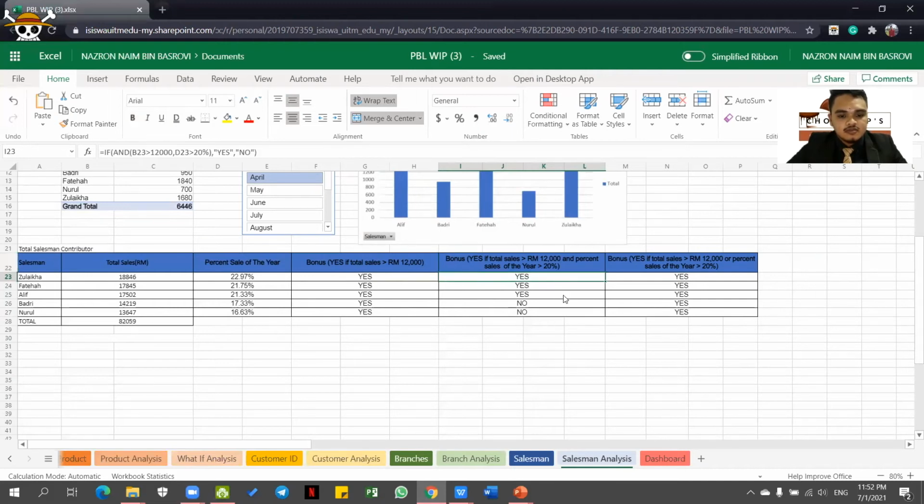Both conditions must be met. With IF OR, either one of the conditions must be met: whether their sales are more than 12,000, or their percentage of sales is more than 20%. So that is all from me for the salesman analysis.